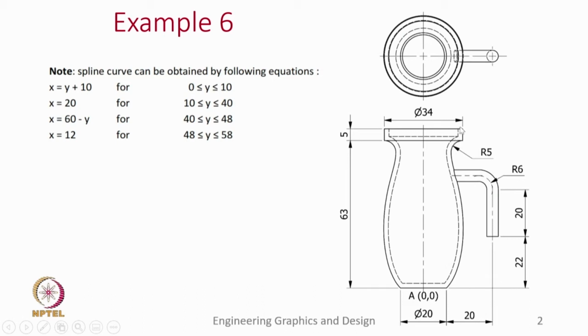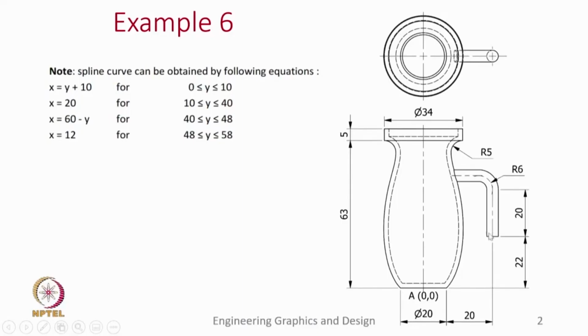Once we create a profile with this spline shape, we can use the revolve command to make a solid, and then the shell command to remove the interior, which will give us the vase. At the end we will work with the handle.